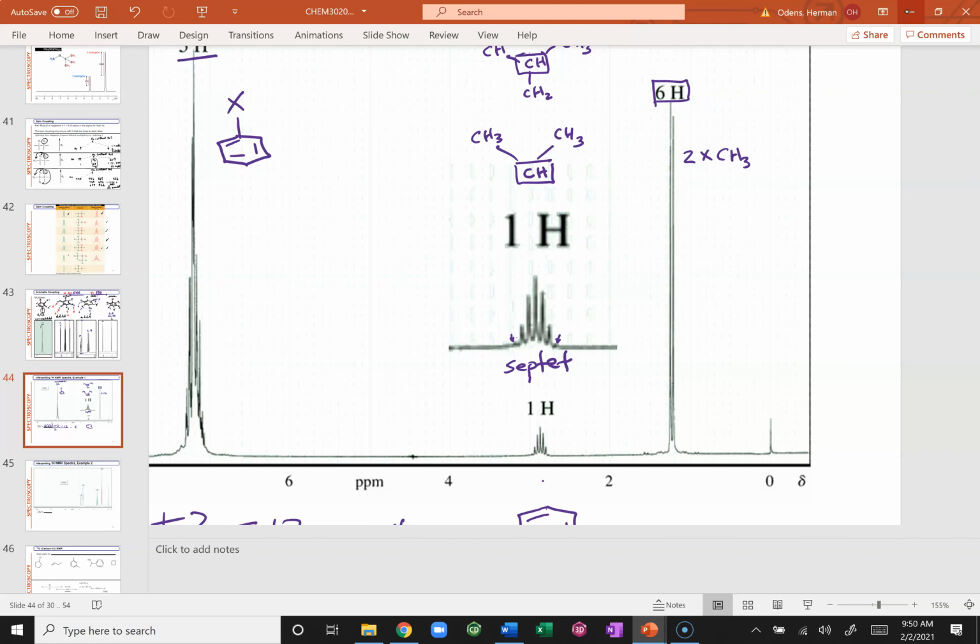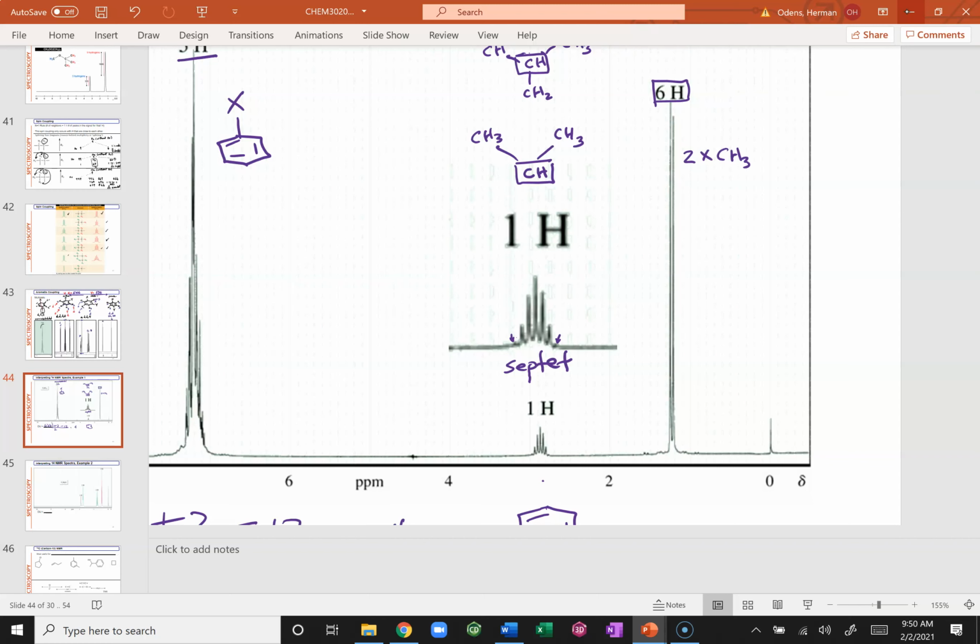That signal at 0.9 is almost guaranteed to be a CH3. That is the signal that is most upfield.